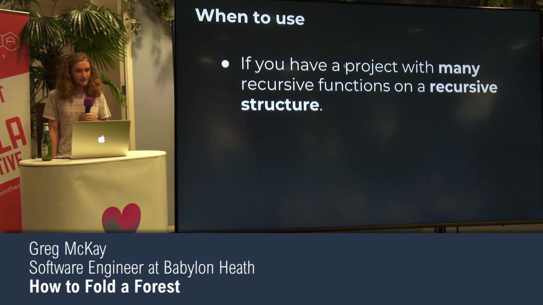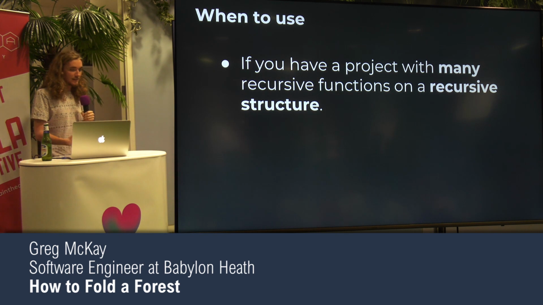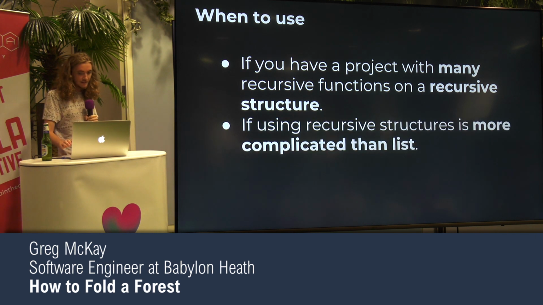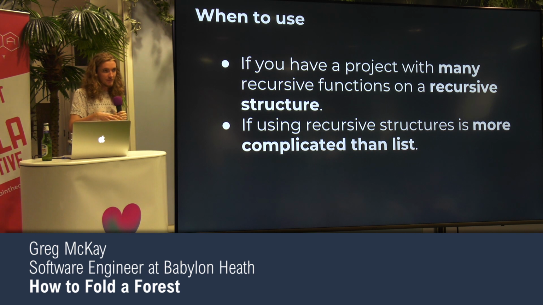Okay, so when would you use it? Well, when I would use it is if you have a project that has many recursive functions called on a recursive structure. You have to be careful because you don't want to fill it with all this crazy complicated category theory stuff. So I would say don't do it on lists because you already have foldLeft.